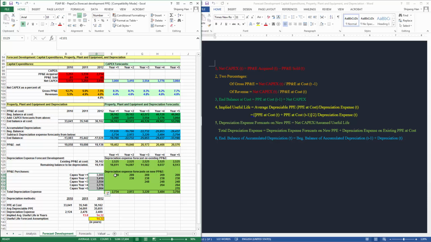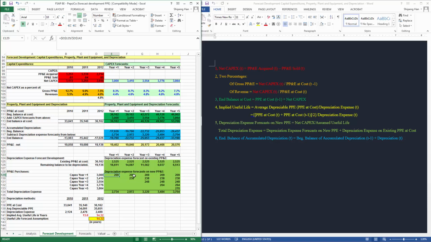And for example, the depreciation expense of the first capital expenditure is 209. So actually, it is 3,000 scaled by the useful life. And because this expenditure occurs in year +1, this depreciation expense applies to year +1.